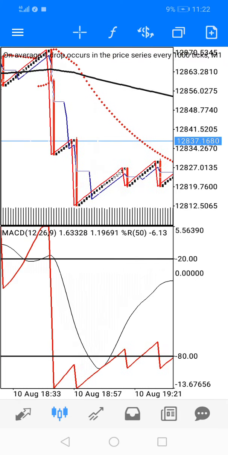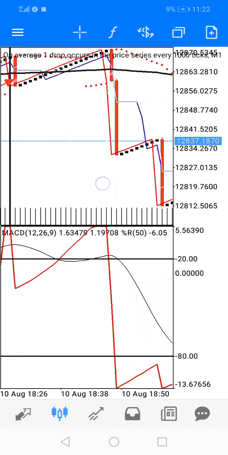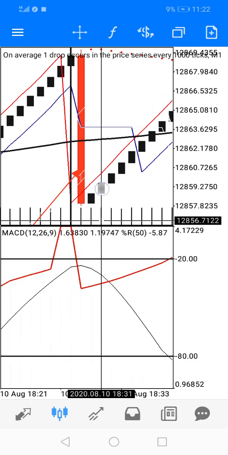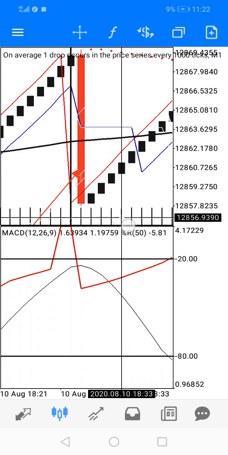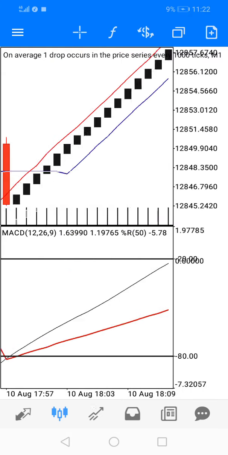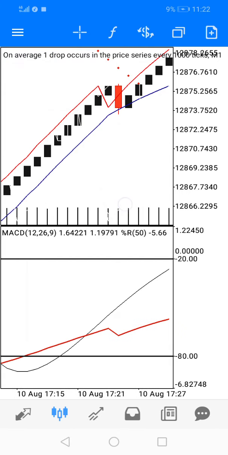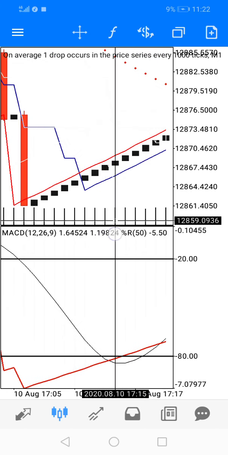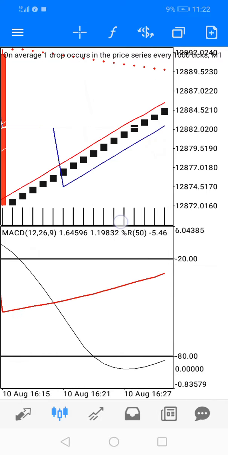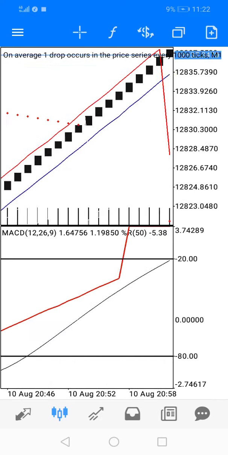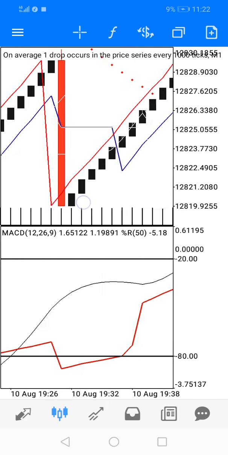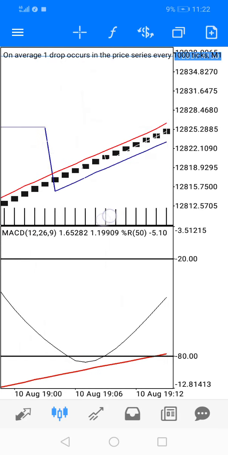Everywhere you see it cross, this is it. At 100% zoom in, you see it cross, you take a $1 candle, then you go out. Then another one, here it goes, you see it cross, you take a $1 candle, you go out. You see it cross, take a $1 candle. You see it cross, where does it cross?